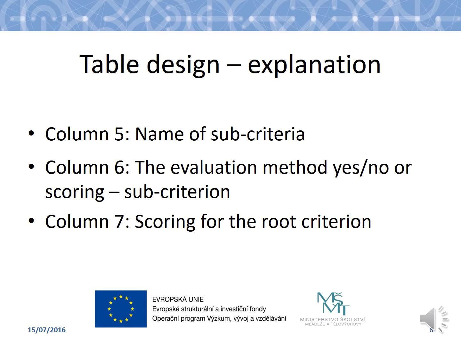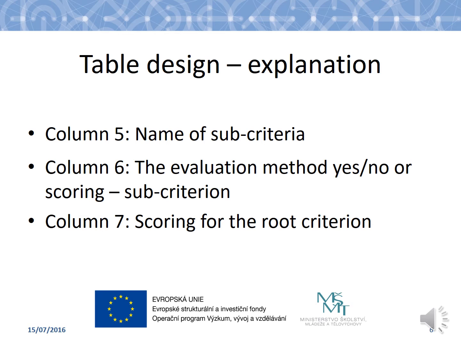Table design, explanation. Column 5 shows the names of the individual sub-criteria. Column 6, the evaluation method yes, no, or scoring sub-criterion, shows for each individual criterion whether the evaluation method is scoring or yes or no, that means elimination.